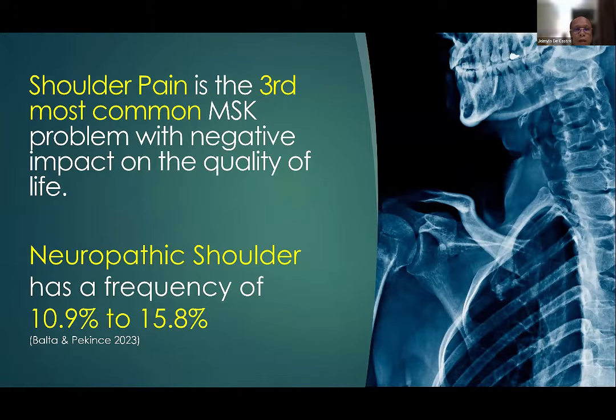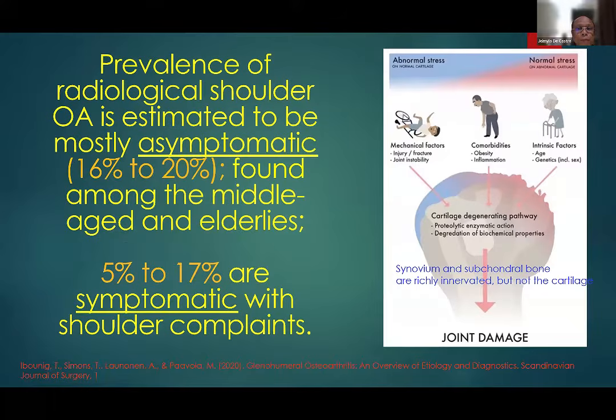We could just be facing this condition, which is referred to as the neuropathic shoulder, because it has a frequency of about 10.9 to 15.8% based on the study by Balta and Peckens in 2023.